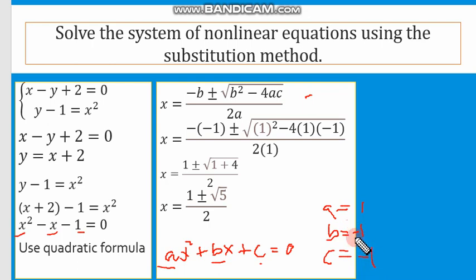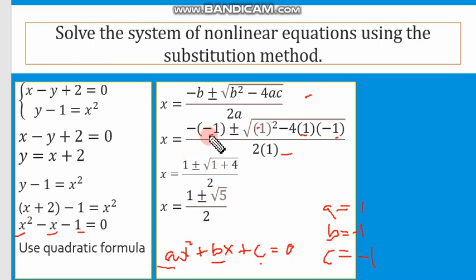So we will substitute that into our formula: negative b, so negative times negative 1, plus or minus the square root of negative 1 squared, minus 4 times a, which is 1, and c, which is negative 1, over 2 times a, so 2 times 1.